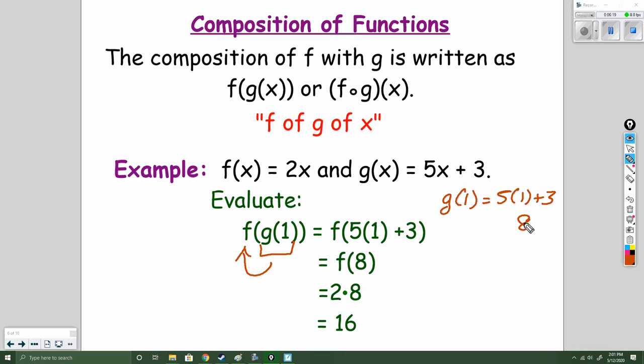Now we're going to plug that output value into function f. If we plug that value into function f, we'd get 2 times 8, which would then be 16. So it's just saying plug 1 into g, and then with whatever we get, plug that into f and find that output value. So multiple things happening at the same time.